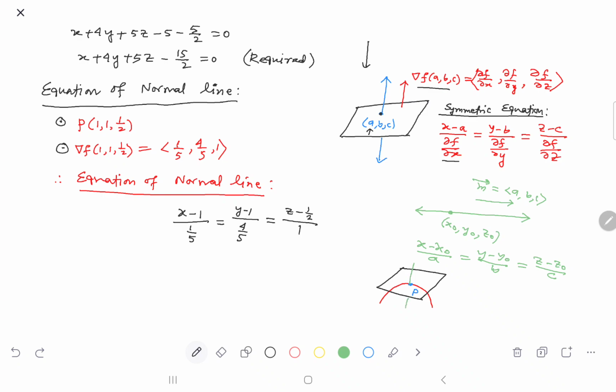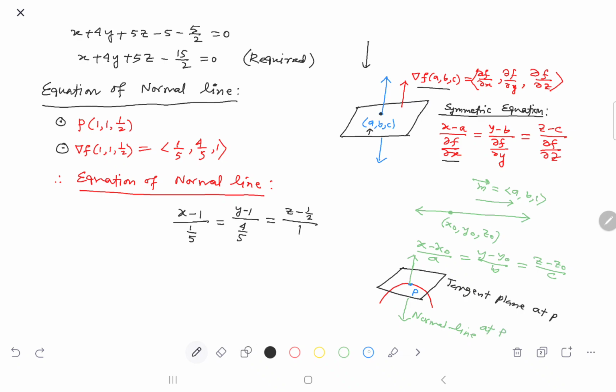So normal line means a line perpendicular to the tangent plane, passing through the point P. This is the tangent plane at P, and this is the normal line at the point P. Okay? Yes, normal line at P.